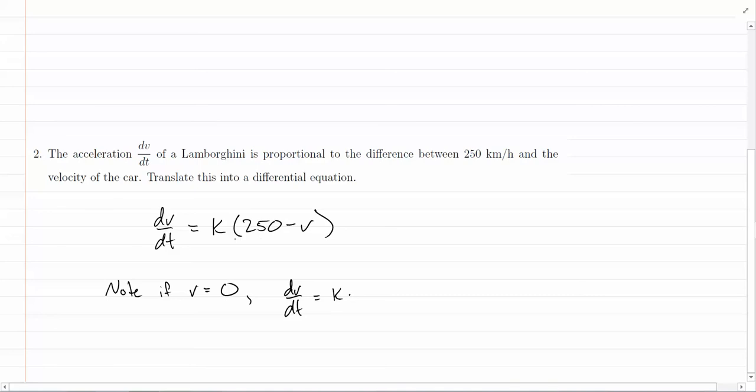Right, assuming k is a positive constant, which we normally do, dv/dt would be k times 250. So yeah, we're assuming that we're starting off with positive acceleration, which makes sense.